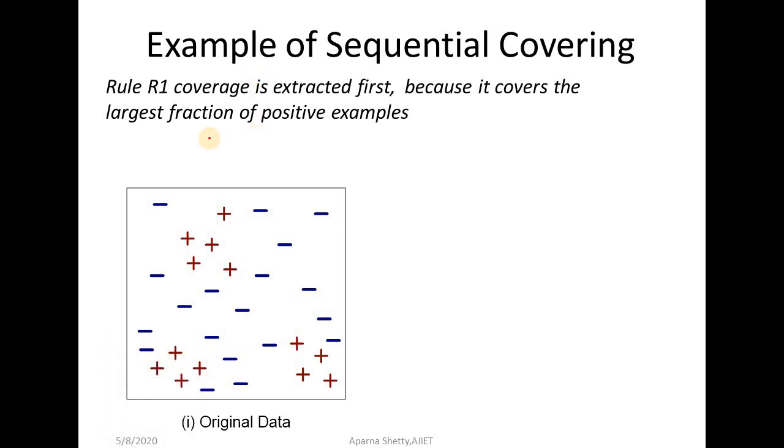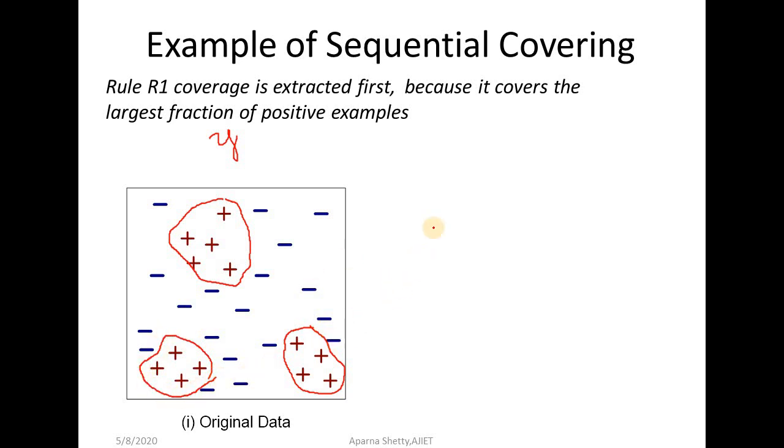You have this rule R1 and Y is the class label of rule R1, and these plus signs show the records that belong to class Y, because class Y is triggered by this rule R1. So this is the original data.